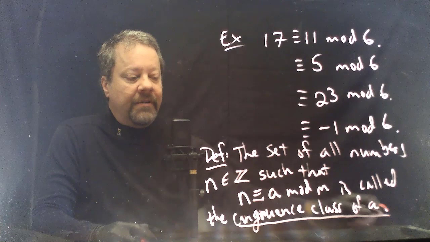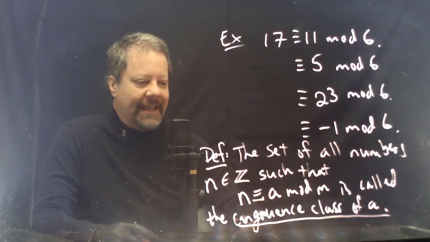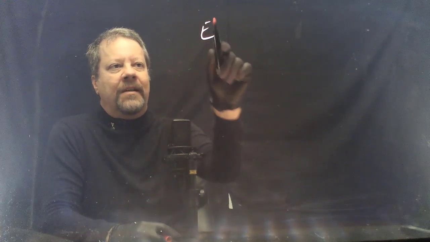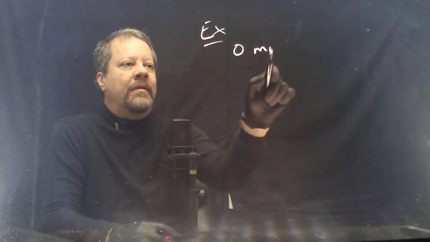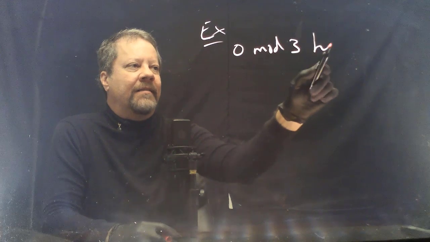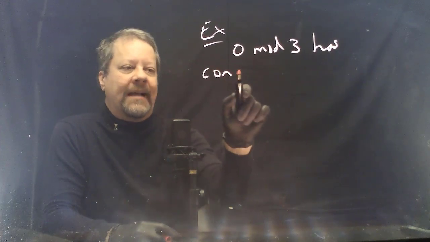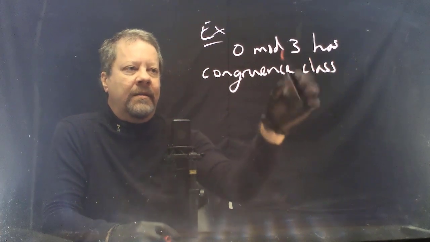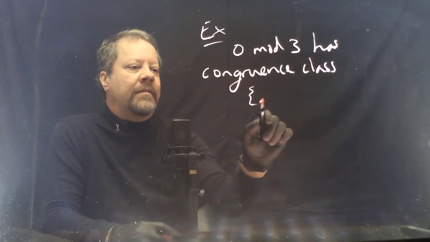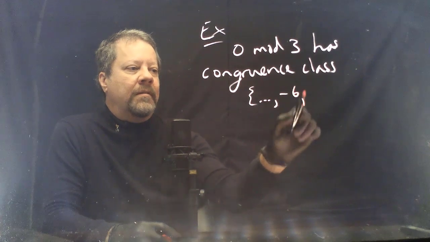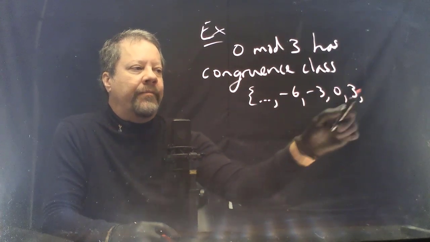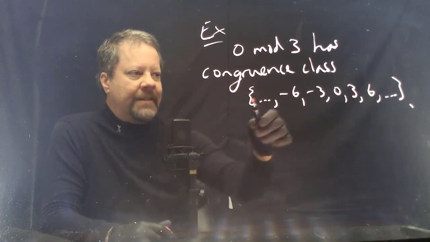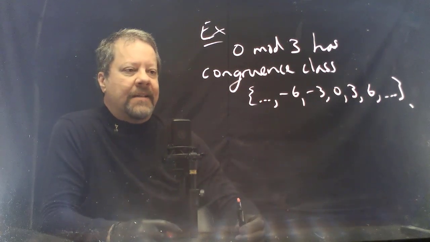The congruence class, everything congruent to a mod m, is its congruence class. So let's look at an example. 0 mod 3 has congruence class of, it's infinite and goes both ways, positive, negative, and includes 0 in this case.